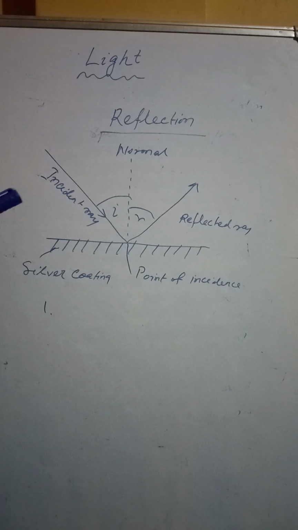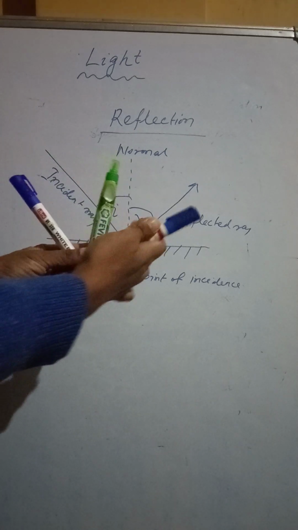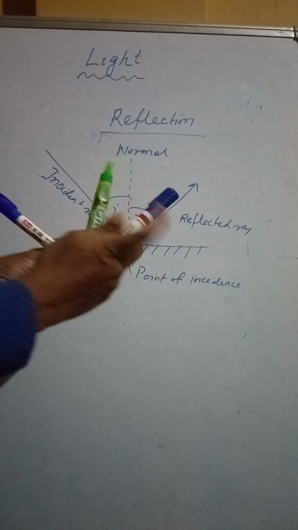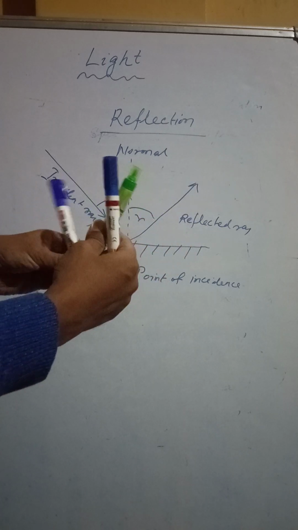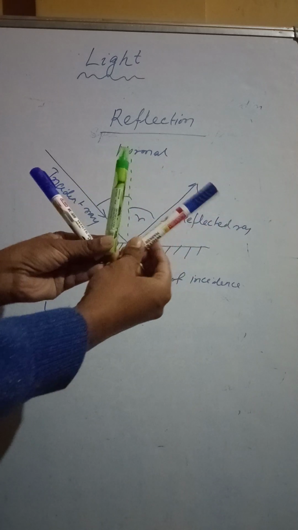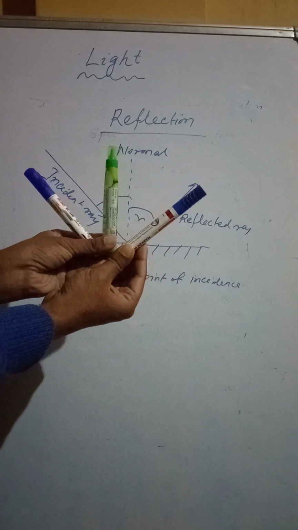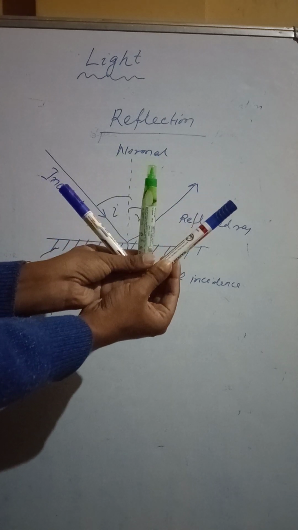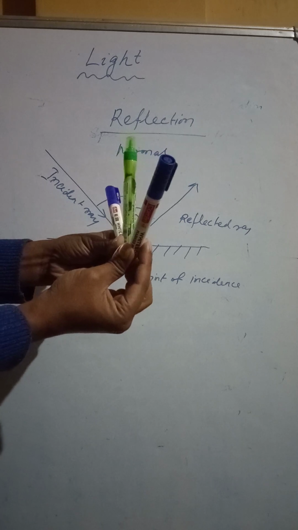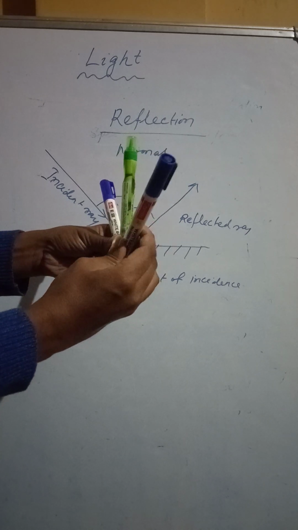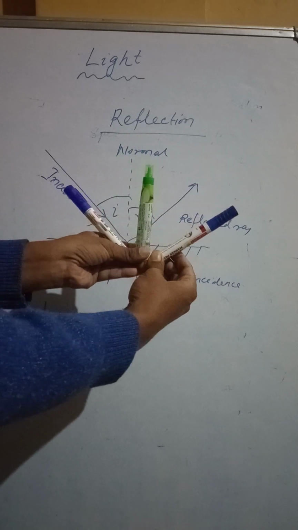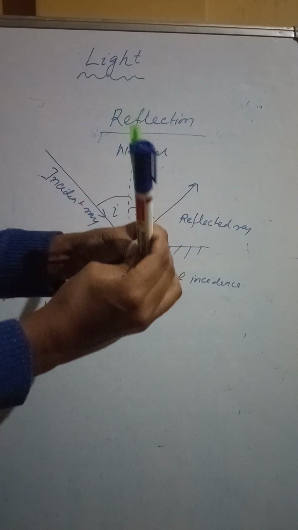Suppose this is the incident ray, this is the normal, this is the reflected ray. They are in the same plane. You can see these three are in the same plane.